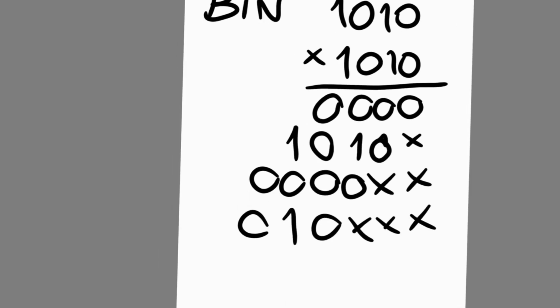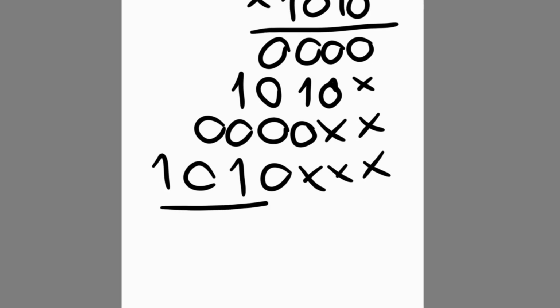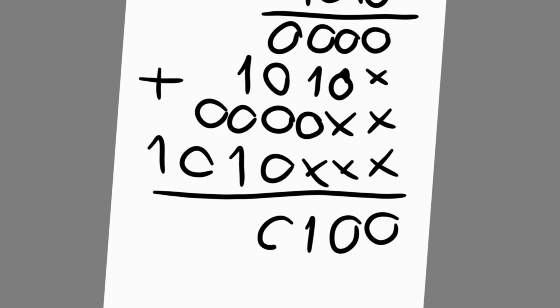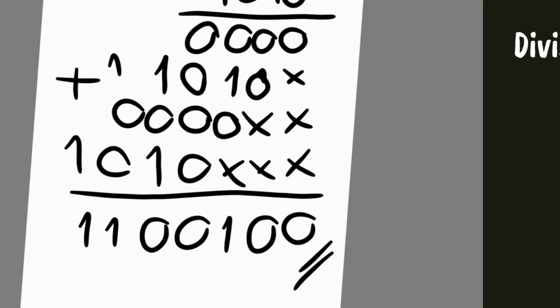Yes, as you can see, it's a pretty similar process, like we do all the multiplications and then we sum everything, so we have the final result. So 0 0 1 0 0 and carry 1 1 and 1, and this is the final result of 10 multiplied by 10 in binary.